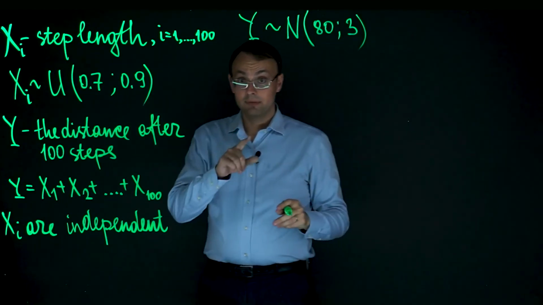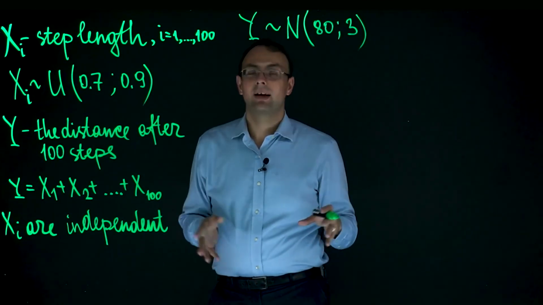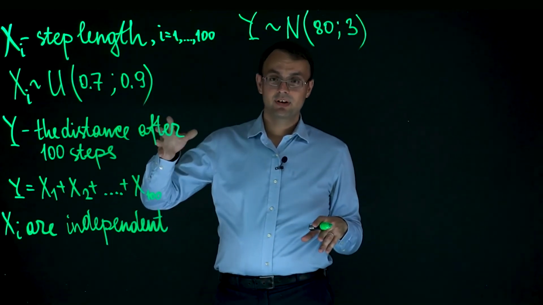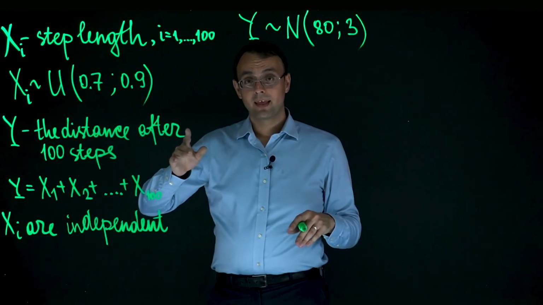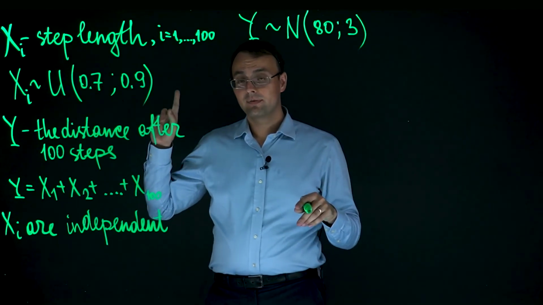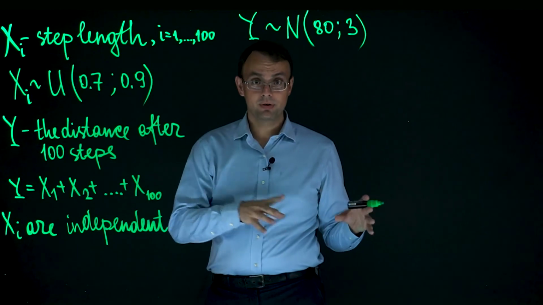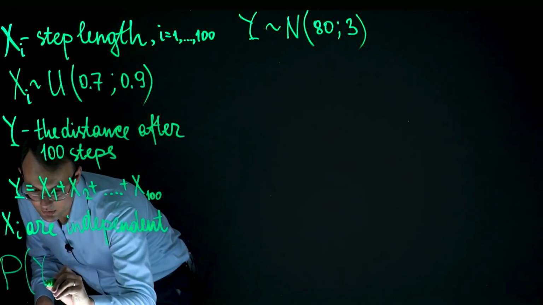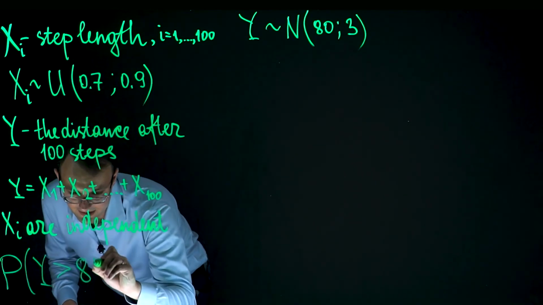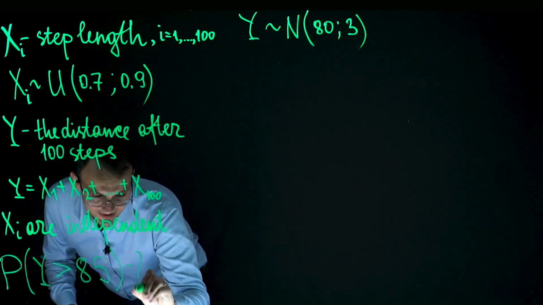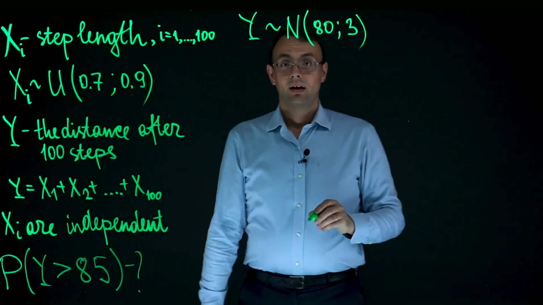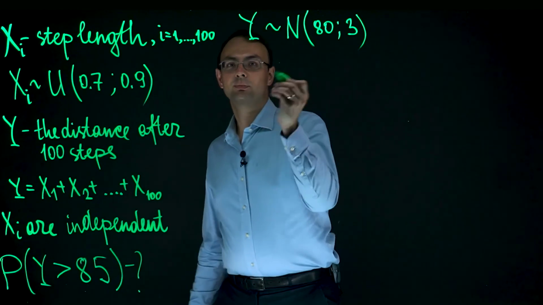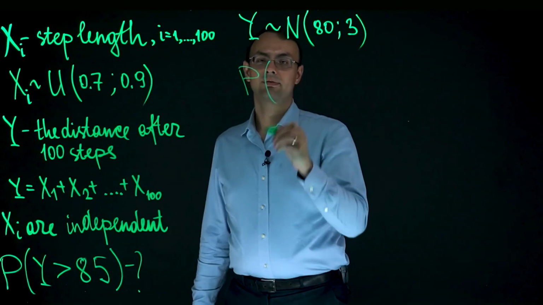Let me remind you what we are going to find. We were asked to find the probability that this person will walk a distance of 85 meters or more in 100 steps. Mathematically, this is the probability that y is more than 85. As the distribution is assumed to be normal, we can do this using the phi function.